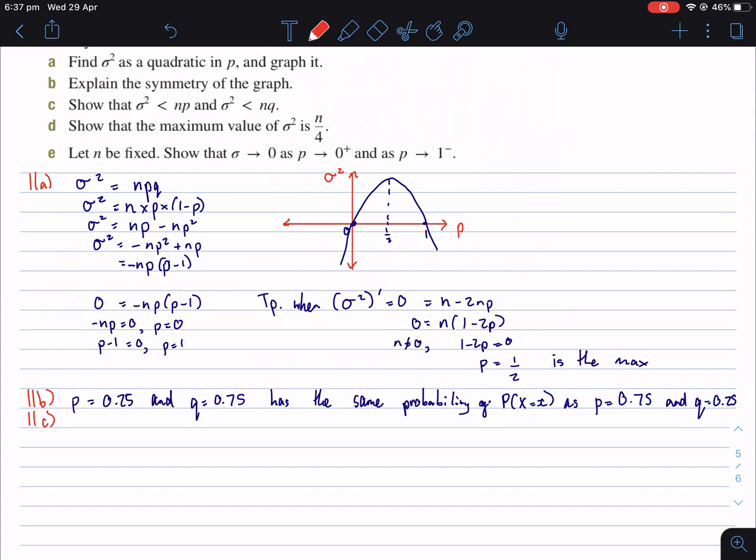11c, show that sigma squared is less than NP, and sigma squared is less than NQ. Well, I know 0 is less than or equal to P, and that's less than or equal to 1. Same with Q. Sigma squared equals NPQ. So that's times a number between 0 and 1, yeah?